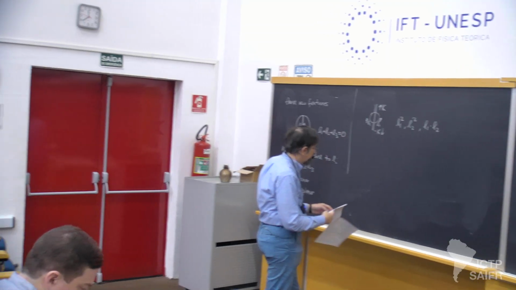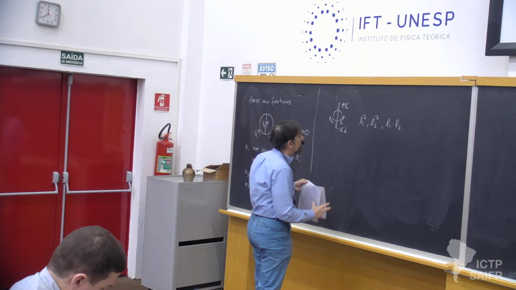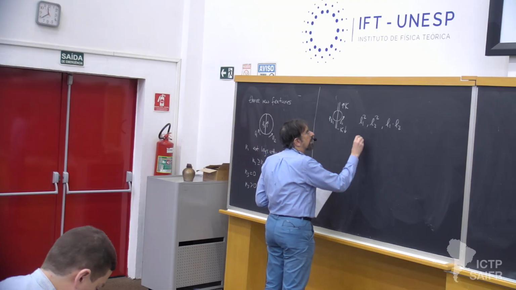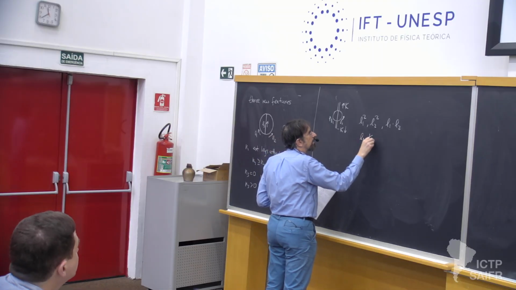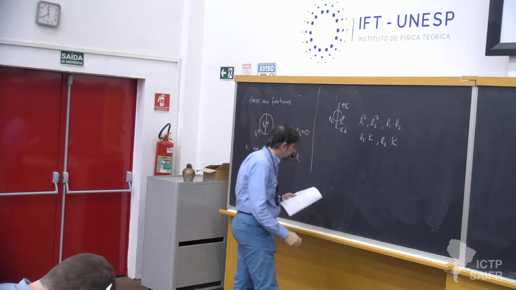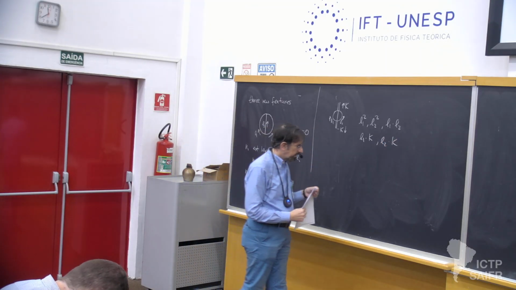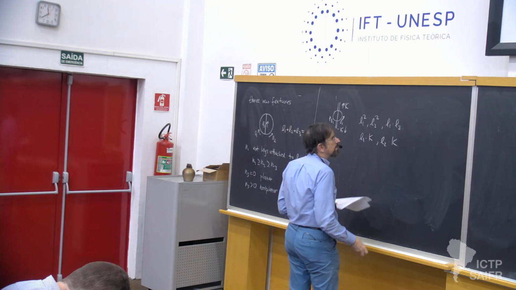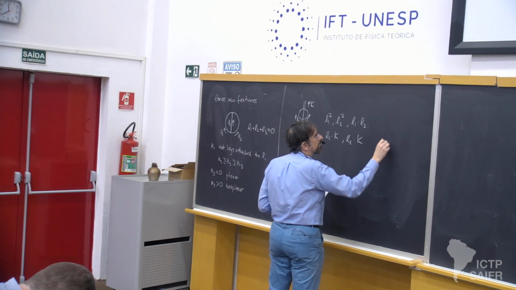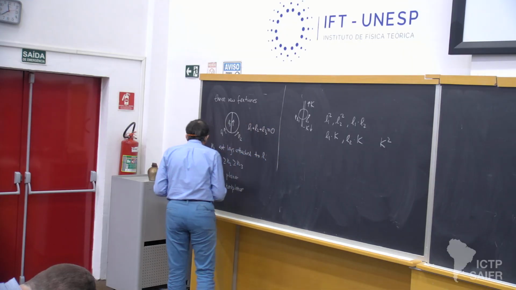We also have a pair that are linear in the loop momentum: L1 dot K and L2 dot K. And if one wants, we can throw into the mix the only invariant of external momenta, which is K squared.